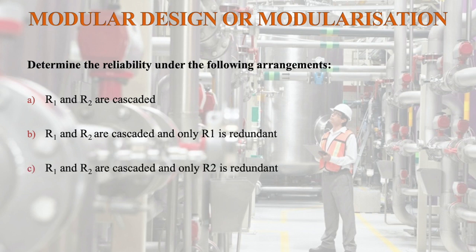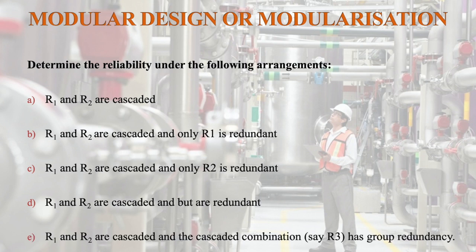R1 and R2 are cascaded and only R2 is redundant. R1 and R2 are cascaded and both are redundant. R1 and R2 are cascaded, and the cascaded combination, say R3, has group redundancy. So these are the conditions.